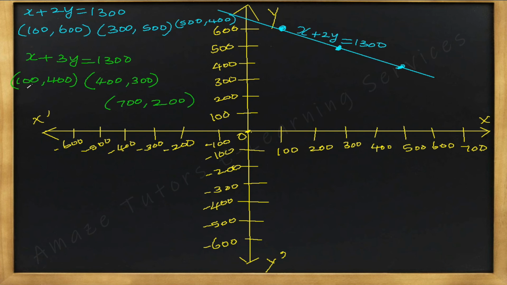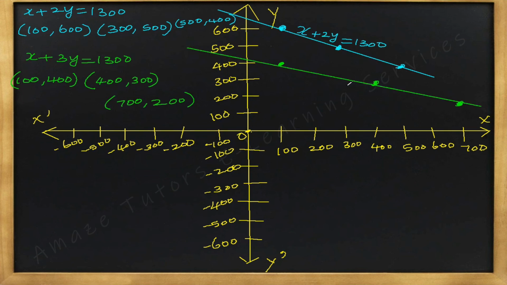Let us plot them one by one. 100, 400 is this point. 400, 300 is this point. 700, 200 approximately here. Let me join them using a line, and this is the graph of the second equation.